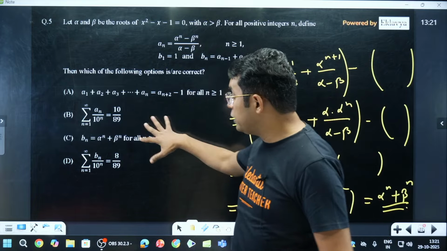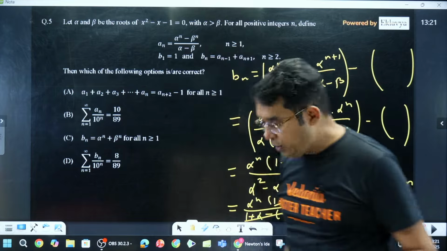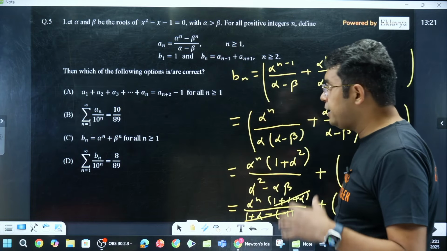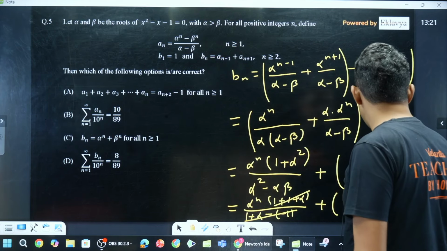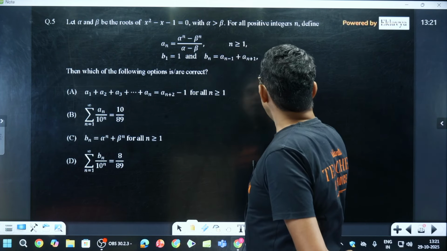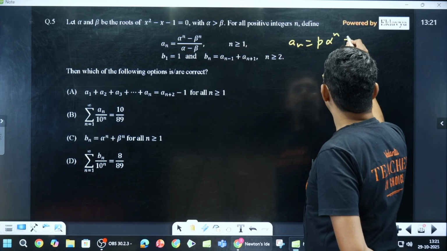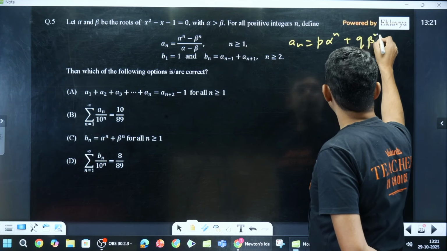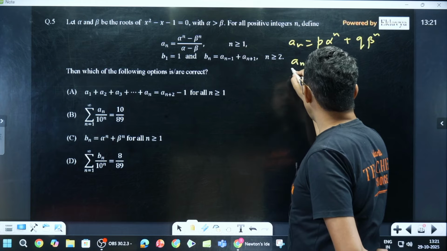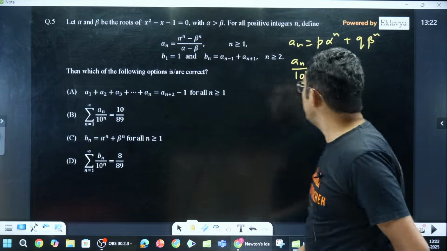Now coming to this B and D part together. Very interesting, please see how we can do it. You can do it by GP, which most people have done, but I will do it in a somewhat different way. Please understand, my an was p into alpha power n plus q into beta power n. But here we are looking for the summation of an upon 10 power n.